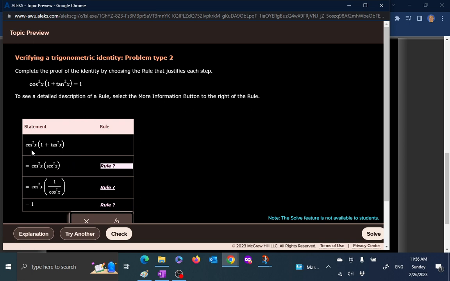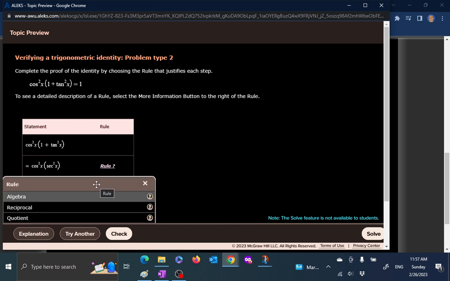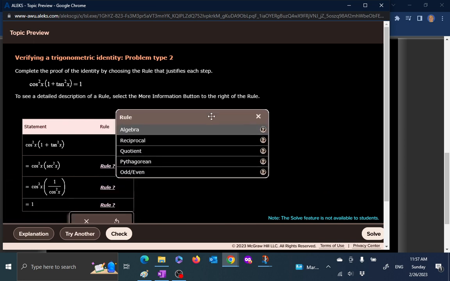It says this is the left hand side of this identity. That's where we have started, and it says that is equal to cosine squared times secant squared. So the cosine is the same as cosine here, and that expression is replaced by this one. Well, what rule is that? We learned by now that we are dealing with Pythagorean identities.